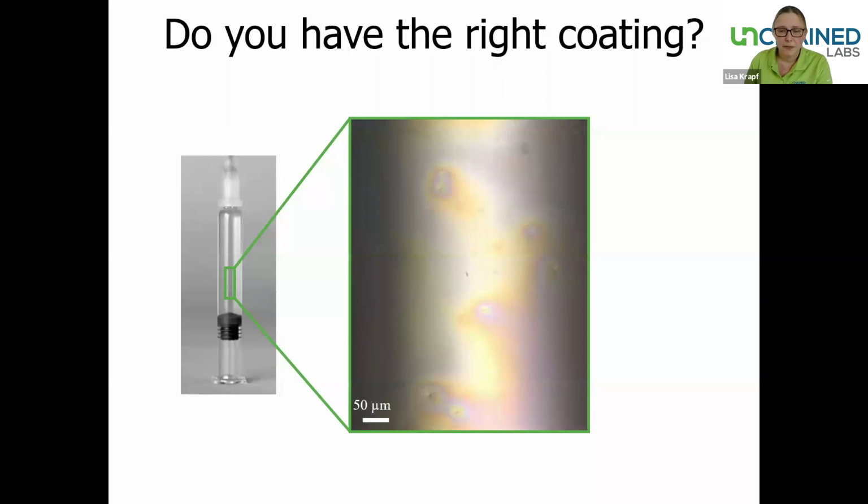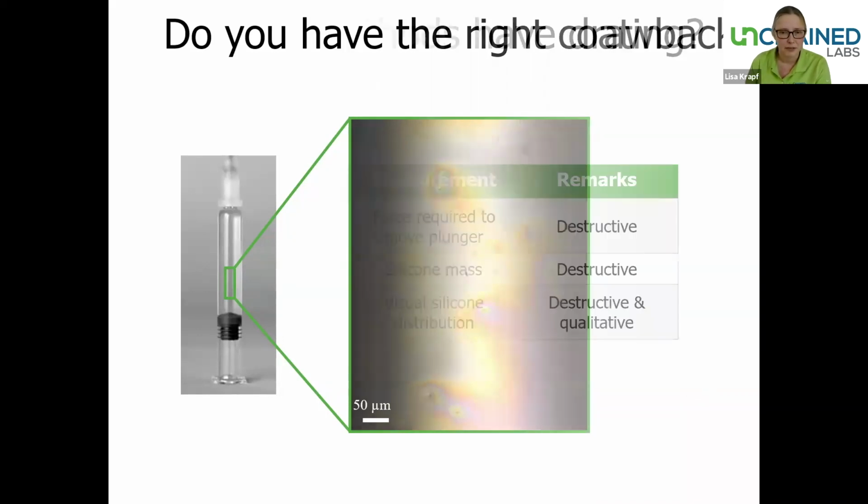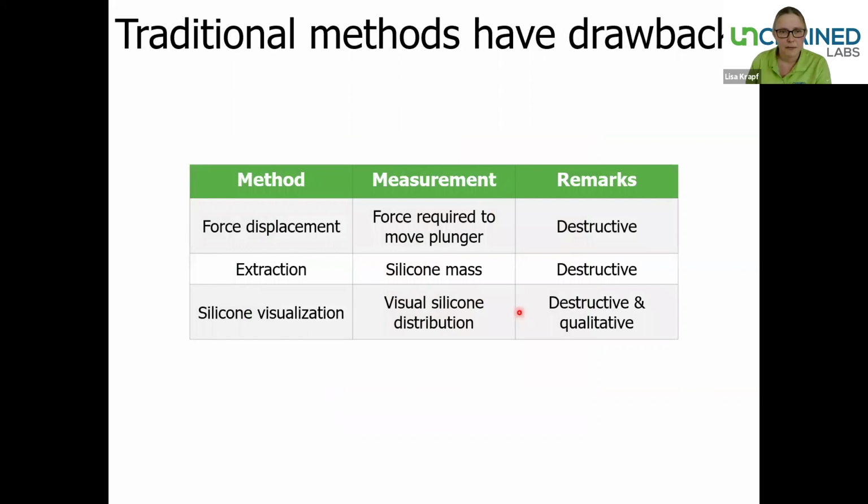But just from looking at it, how do you know if the distribution is good enough, and how do you learn about the distribution inside of your syringe? To figure that out, there are several traditional methods that have been used to characterize syringes and cartridges. One of them is measuring the force displacement that I've already shown in an earlier slide. So you measure the force required to move the plunger through the syringe.